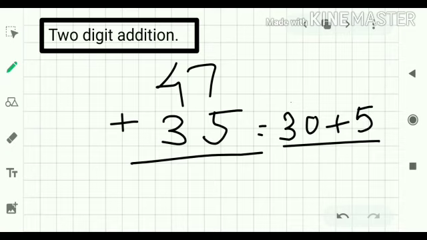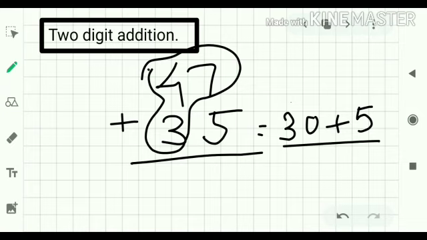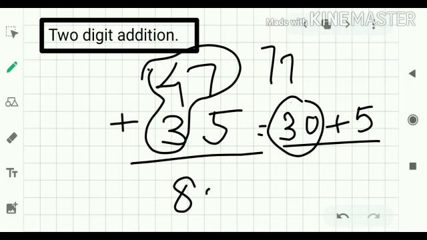Now let us understand how we can solve this rapidly. If you have a closer look, if we add 47 to 30, this will become 77, and plus 5 is 82.